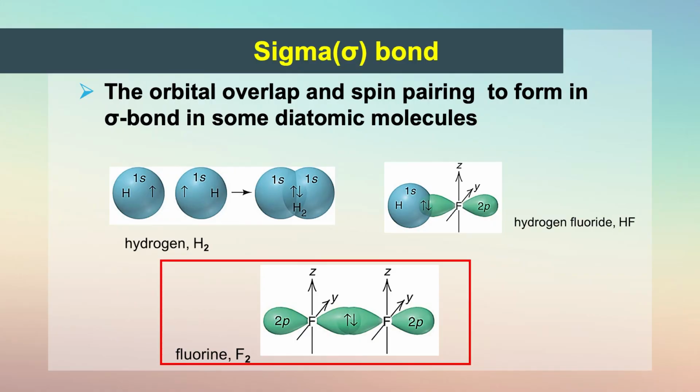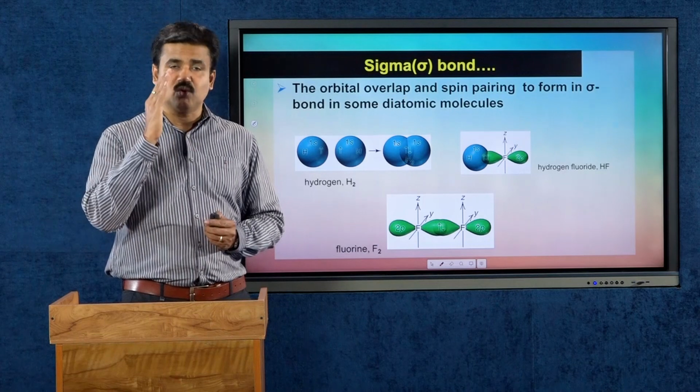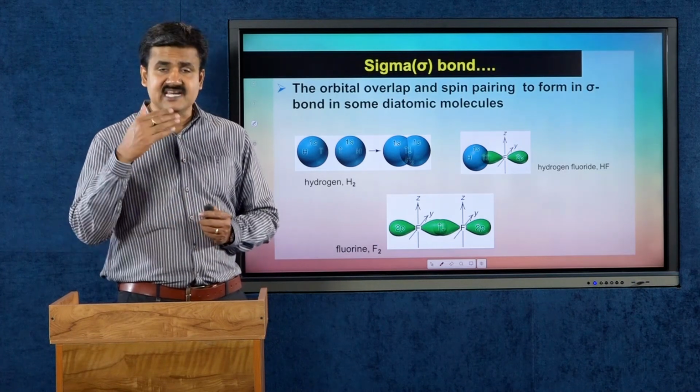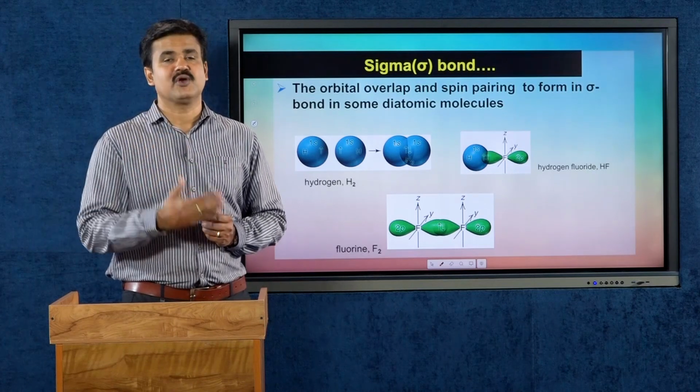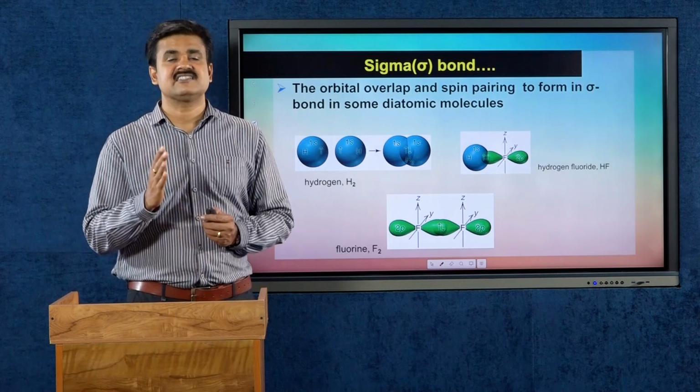During the formation of the fluorine molecule, there occurs an end-to-end overlapping between the 2pz orbital of the first fluorine and the 2pz orbital of the second fluorine. Their orientation is along the internuclear axis, and the overlap shown here is end-to-end or head-on overlap, and as a result, in the F2 molecule, the single bond present between two fluorine atoms is strictly the sigma bond.